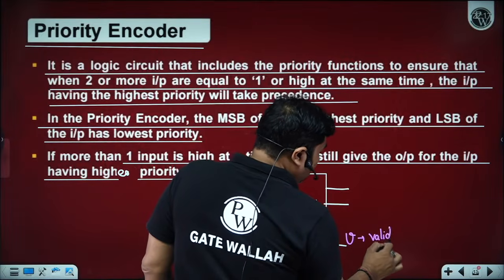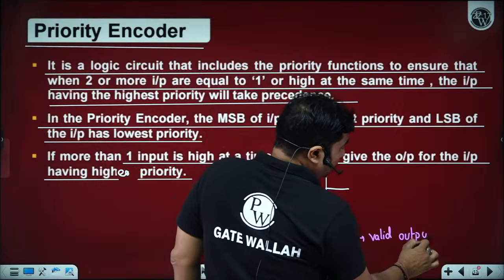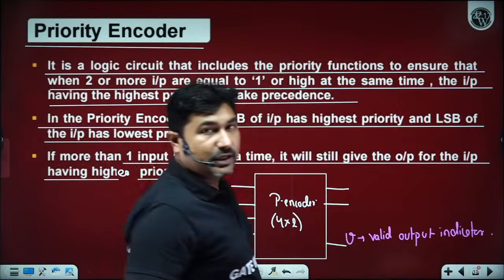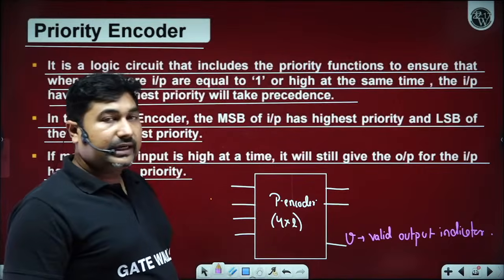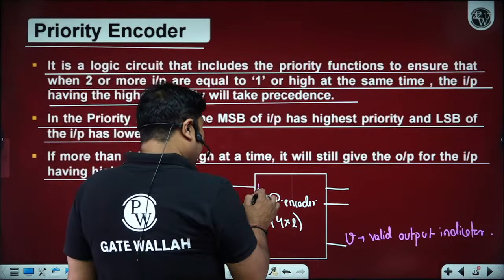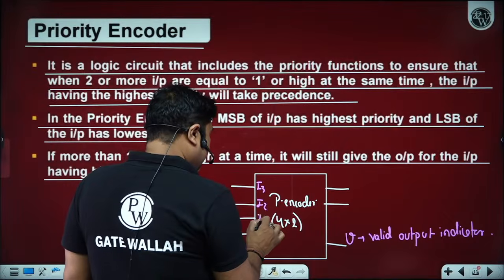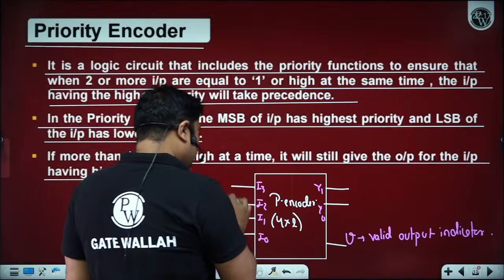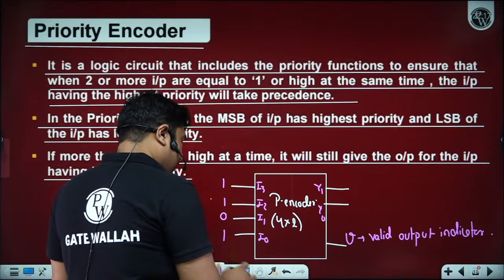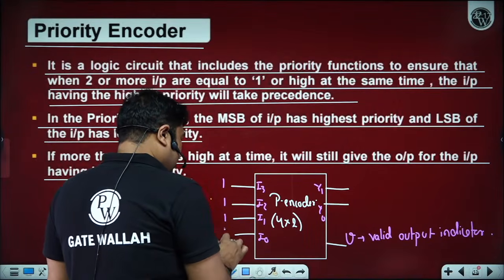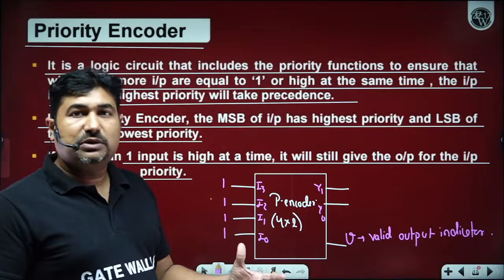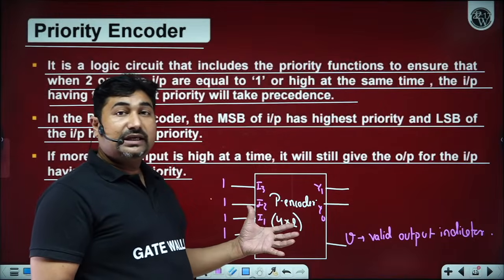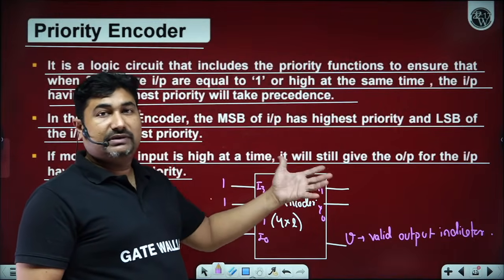In a priority encoder, the valid output indicator is also used. Now we have I3, I2, I1, I0 and we have Y1, Y0. Even if all of these are high, the binary output always corresponds to the highest priority. By default, the highest bit position will have the highest priority.